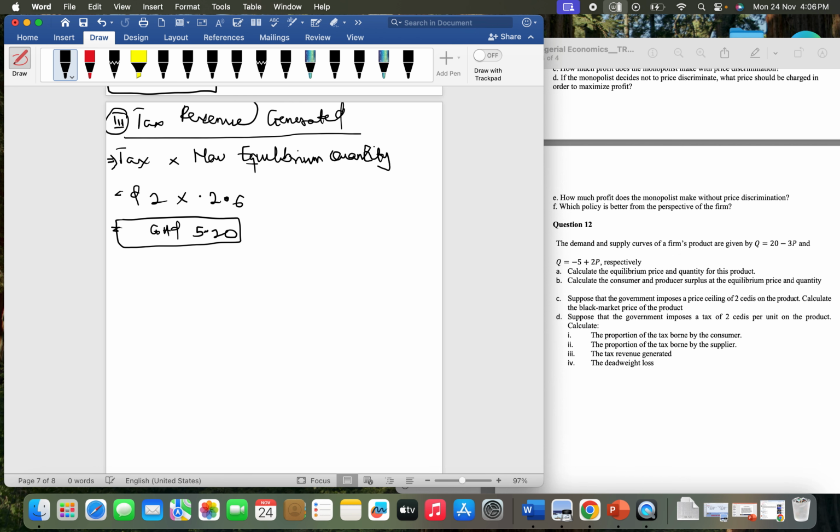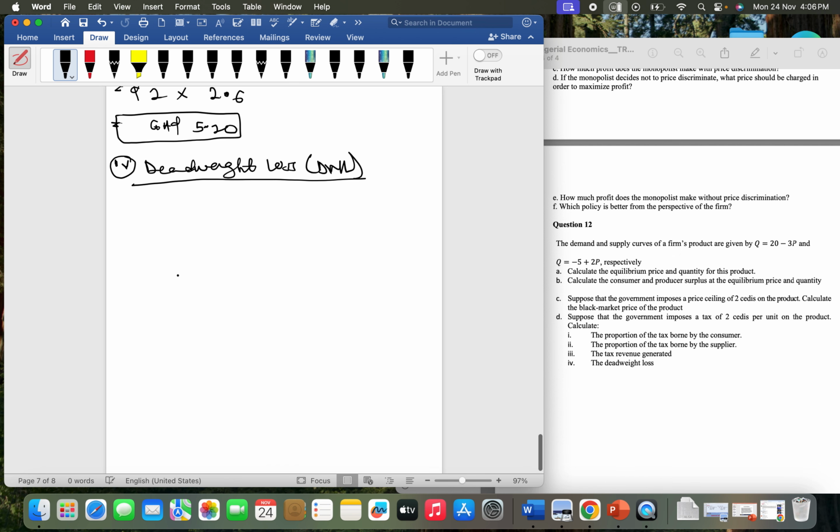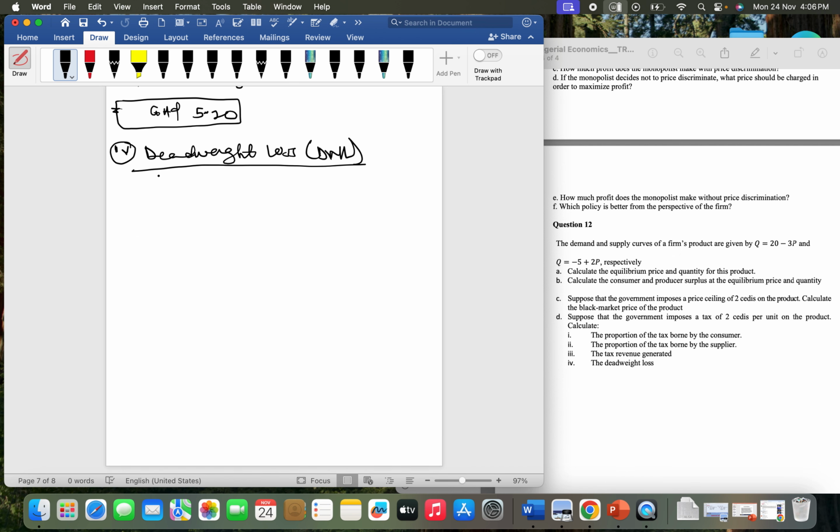Then the last part of the question is the deadweight loss. That's the fourth part. So with the deadweight loss, I have this. This is quantity, this is price.